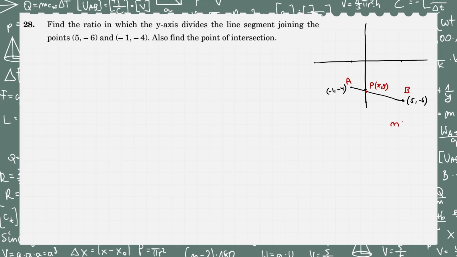Because we don't take it like m is to n when the ratio is unknown. If there are two unknowns, we need two equations to find them, which we can't do in this situation. So we usually take it as k is to 1, right? So if we take the line segment AB like this and point P is like this, this ratio is k is to 1.